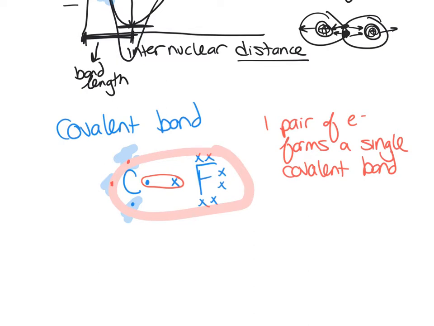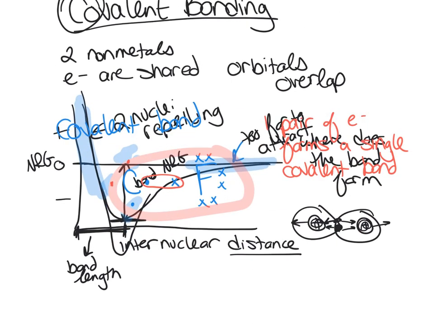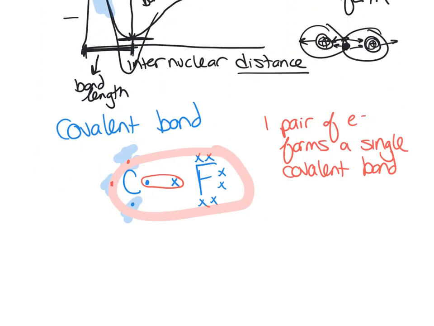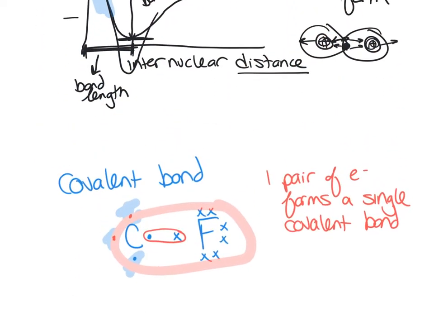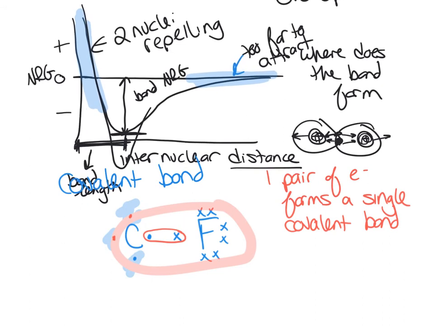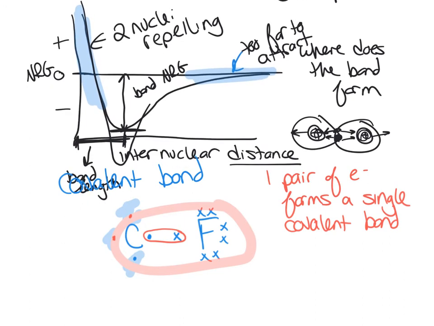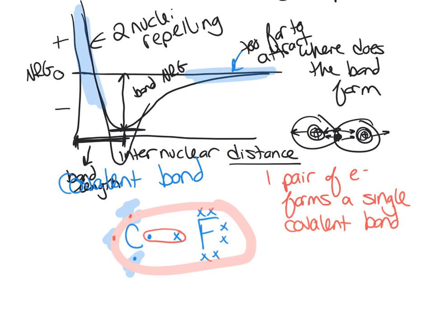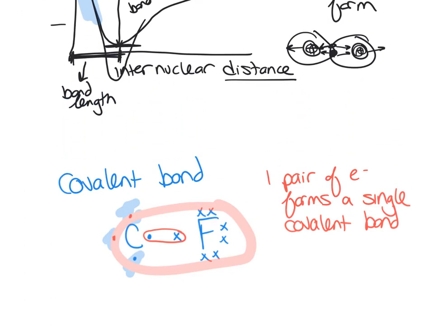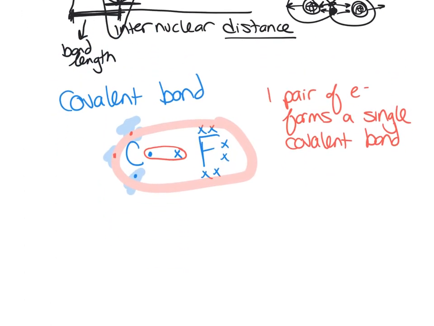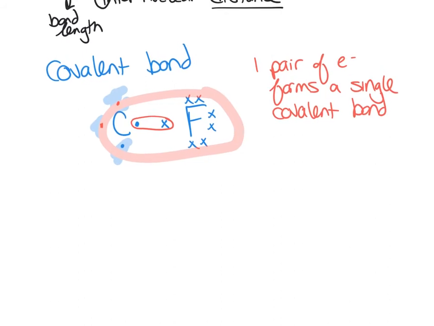And the bond length is going to be determined, like we set up here, by where we minimize the repulsion of those two nuclei but maximize the bond energy, right? We want to make the bond as strong as possible and get those nuclei attracting those electrons without getting so close that they repel. All right. So there's my single bond.